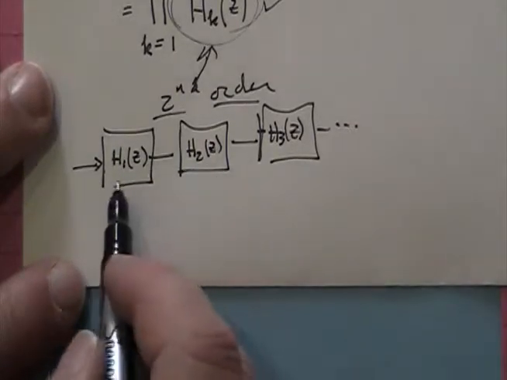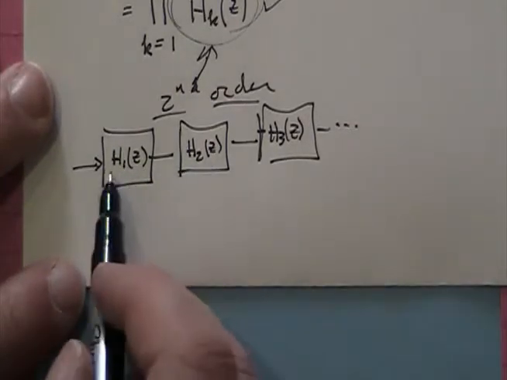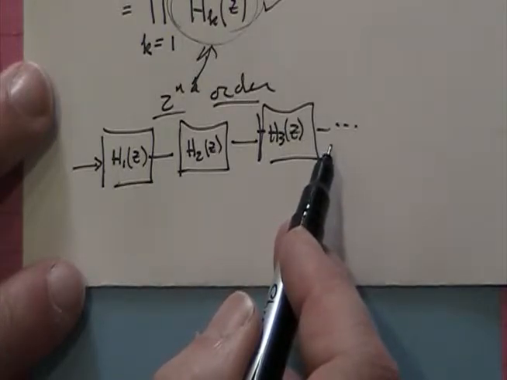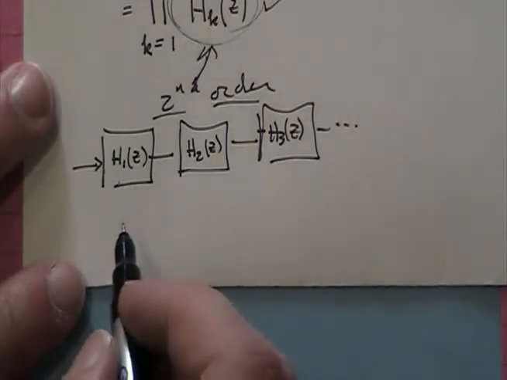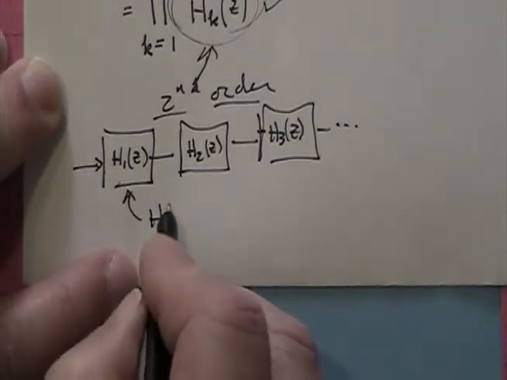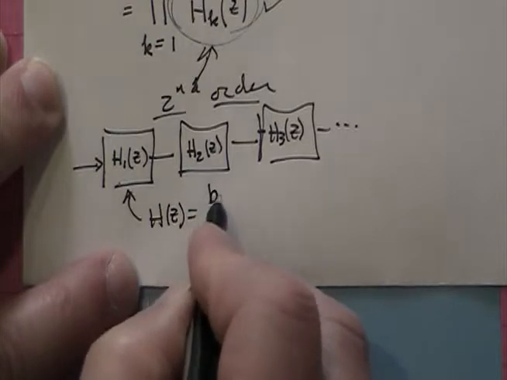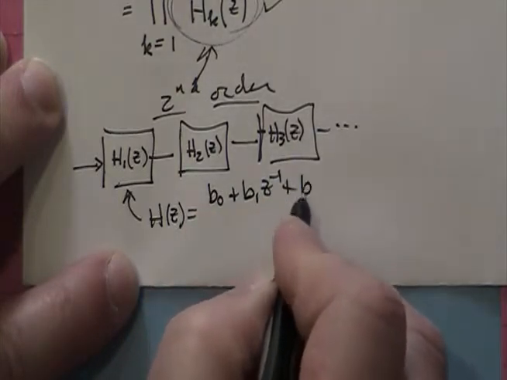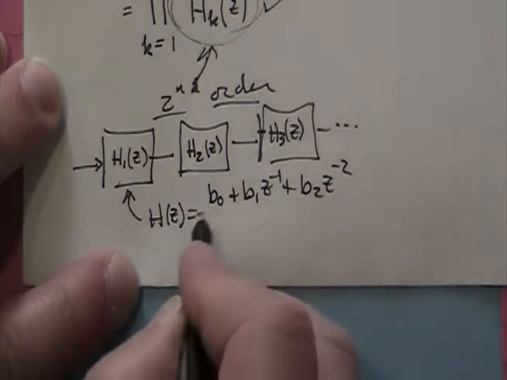Every pole I'm going to keep with its conjugate, and every zero I'm going to keep with its conjugate, and I do that so that the coefficients in these polynomials are all real. Each one of these sections has a second order transfer function H of z, b0 plus b1 z to the minus 1 plus b2 z to the minus 2.